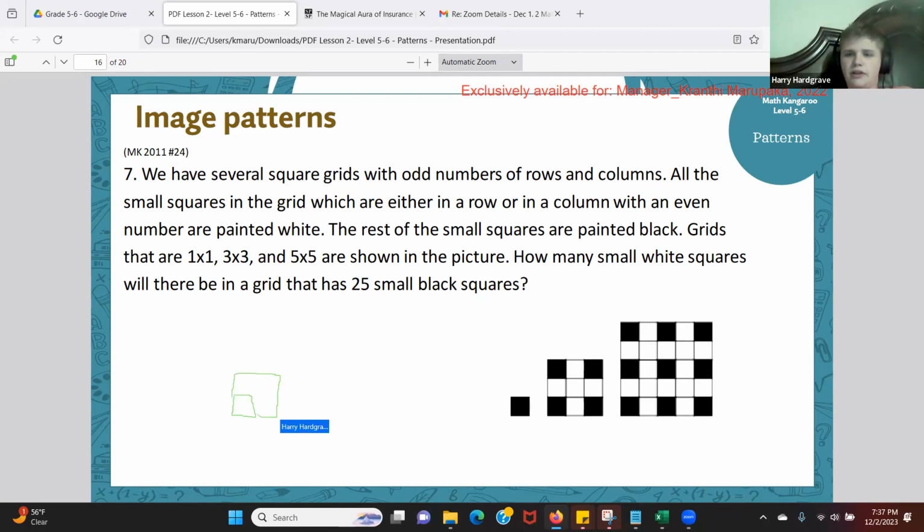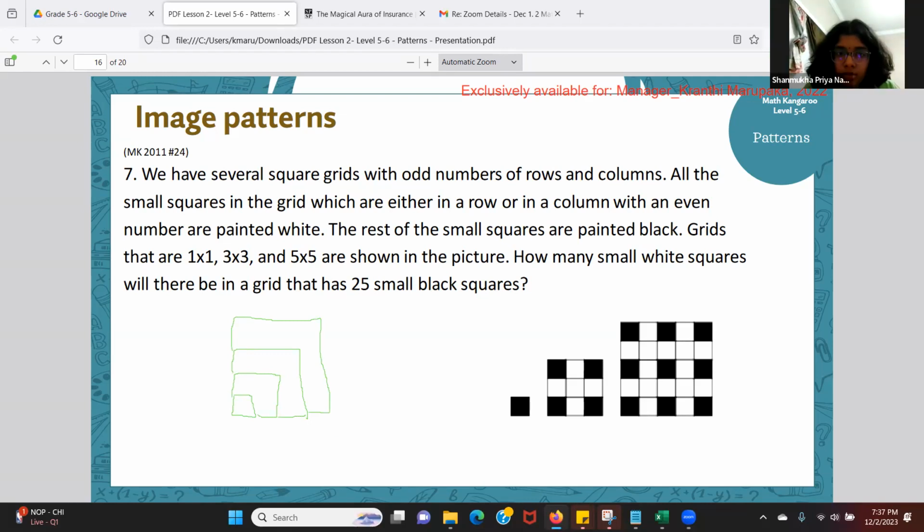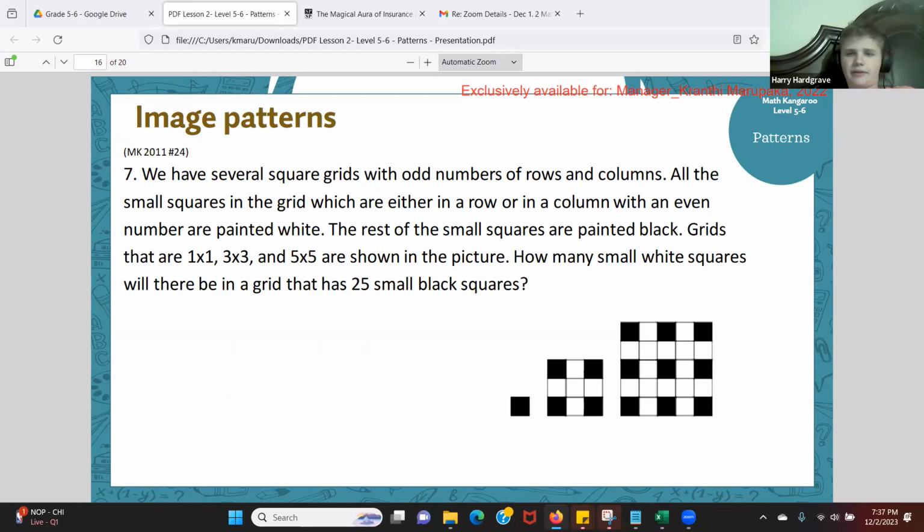But this happens twice as fast. So if you have a 5 by 5 of black squares, then you will be twice as far along with the white squares as you are with the black squares, minus 1 because you didn't start out with 1. But that's not a really efficient way of doing that.